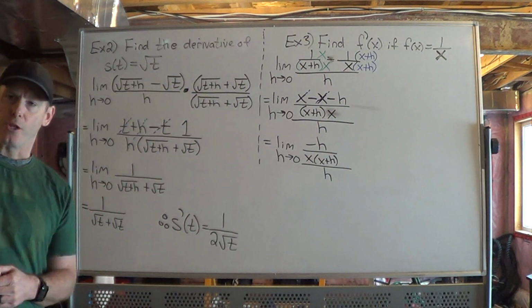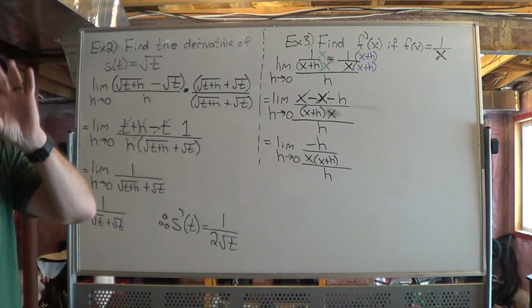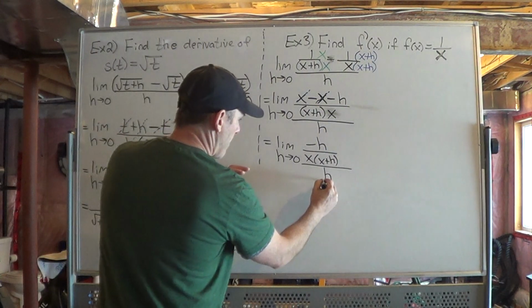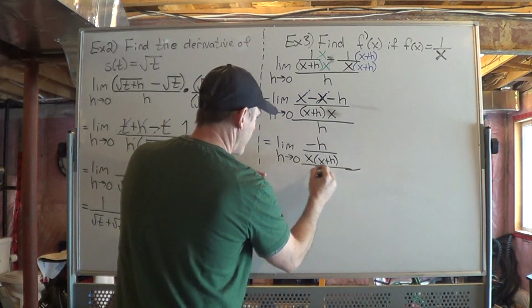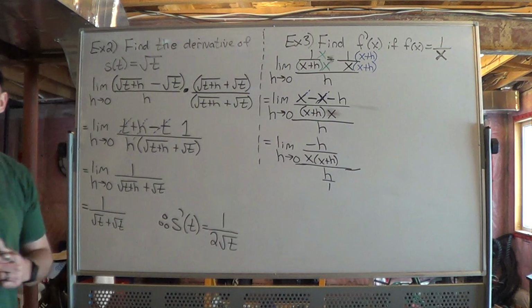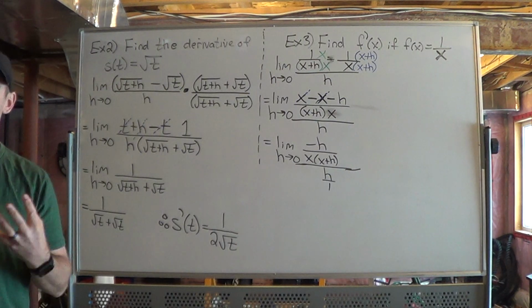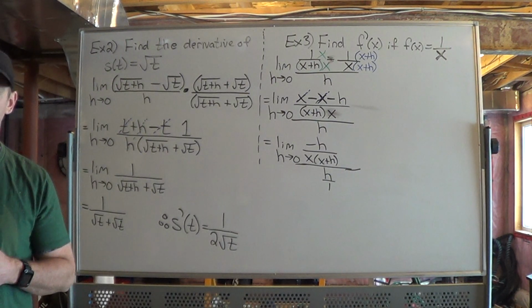Now this is where I'm going to use that trick again, when you have a fraction divided by a fraction. I'm going to do that so that I can simplify things by just inverting and multiplying.